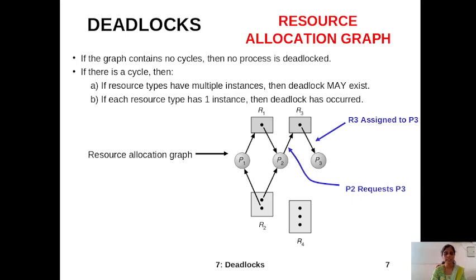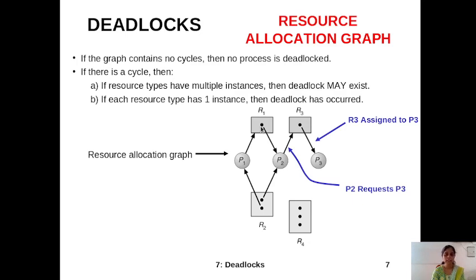let us consider a very simple example. So from this resource allocation graph, what can we figure out? There are 3 processes existing: P1, P2, P3. There are different types of resources: R1, R2, R3 and R4.